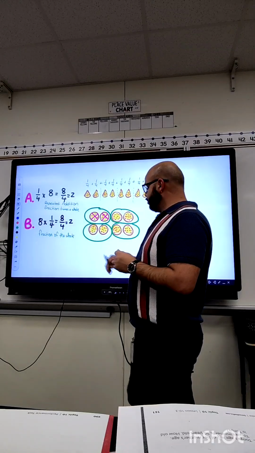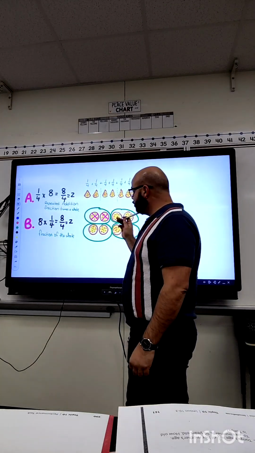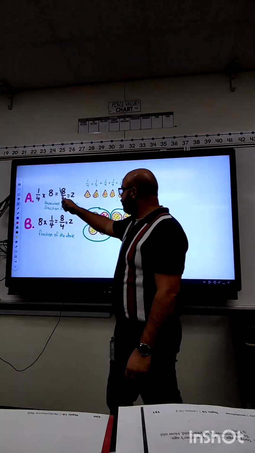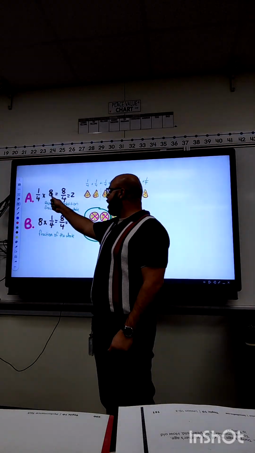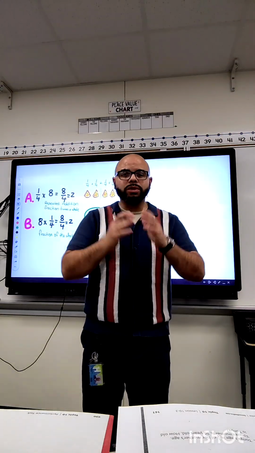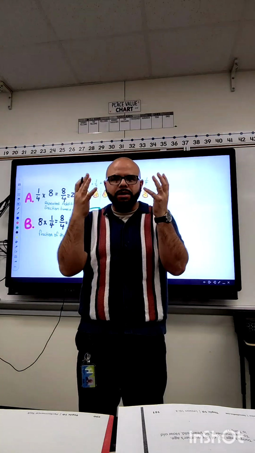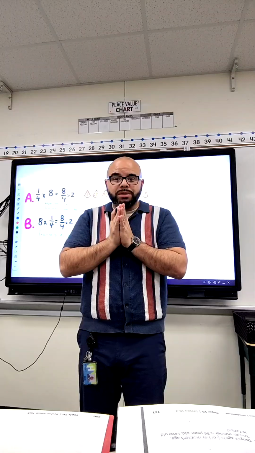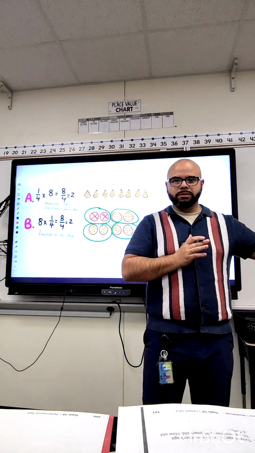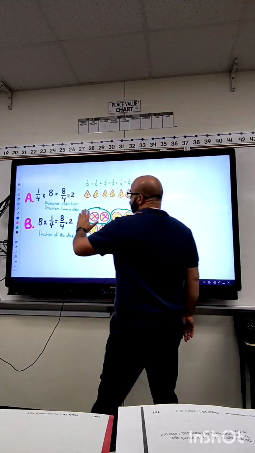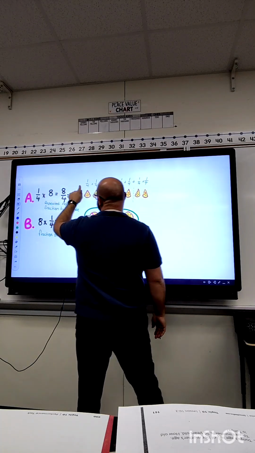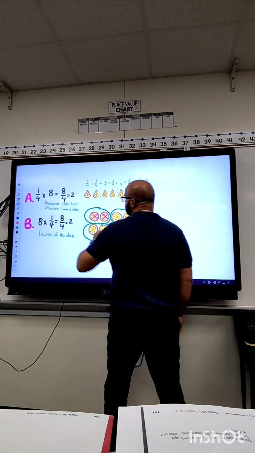They have repeated addition, which is fraction times a whole. Here we have 1/4 times 8. What does that mean? 1/4 times 8 means that I need 8 of 1/4. So we're spreading apart this multiplication equation into addition, which is called repeated addition.